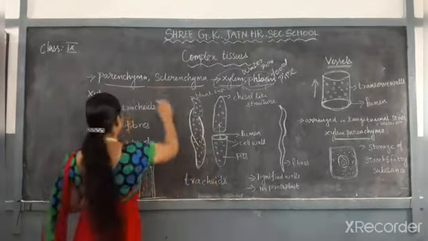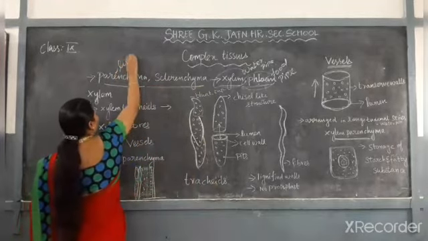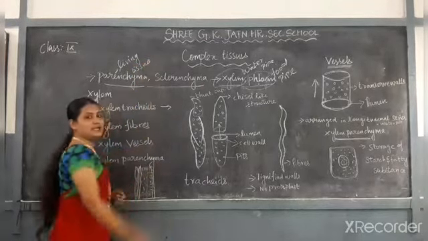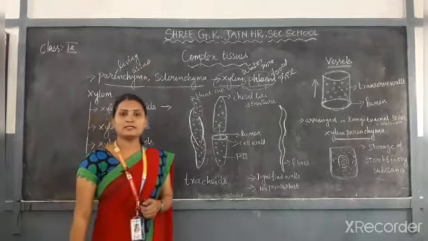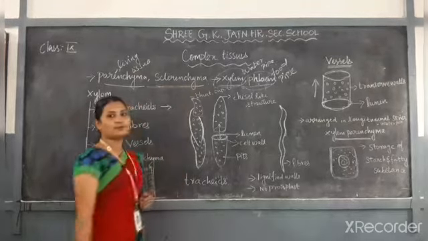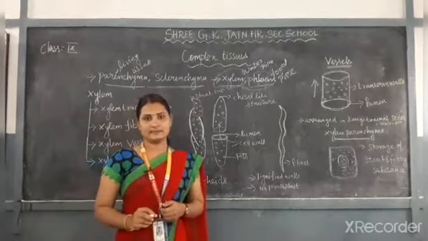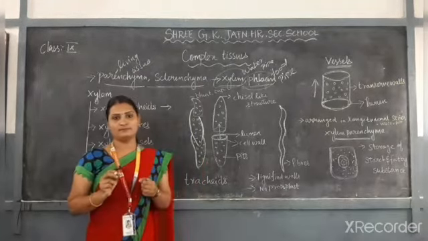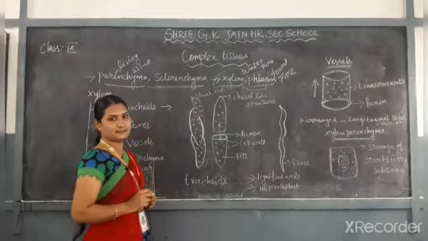Parenchyma is a living tissue because it is composed of living cells, and sclerenchyma is composed of dead cells, which is responsible for the thickened wall in the tissues.